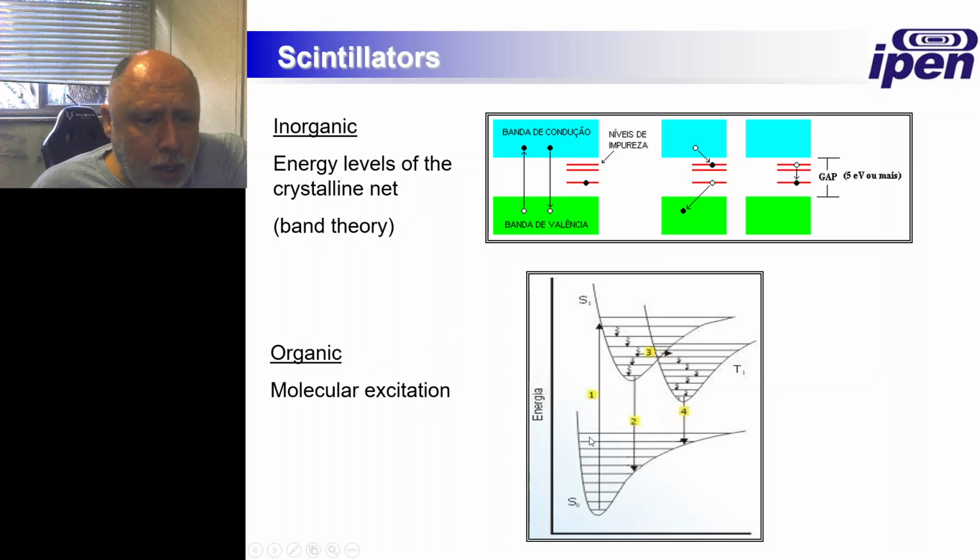And in the organic ones, essentially, the radiation causes a whole molecule to be excited, and then usually vibrations. When the molecule comes back to the fundamental state, it emits the energy back in the form of visible light.